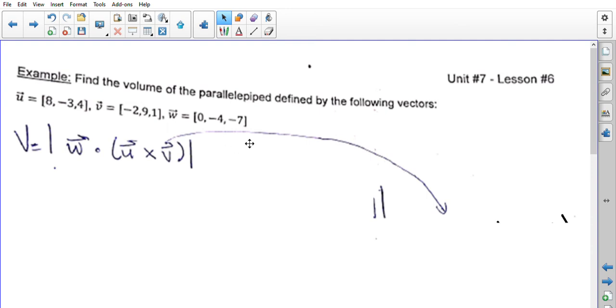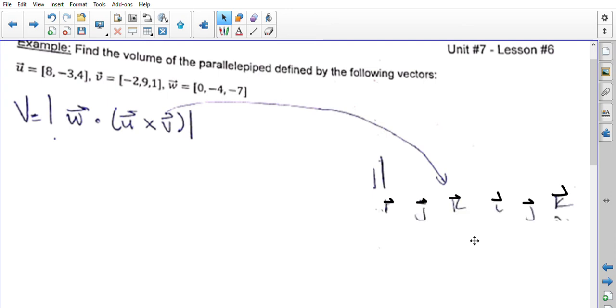So let's do our side work for the cross product. Let's set that up here, i, j, k. Notice we're going to cross these two. So we write 8, negative 3, 4, repeated, and then V has to be second: negative 2, 9, 1, repeated.